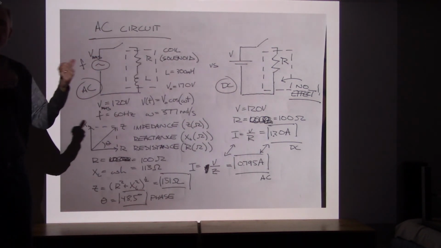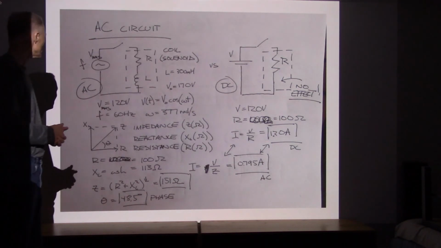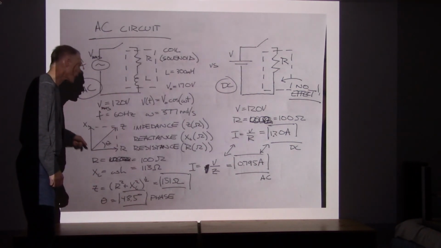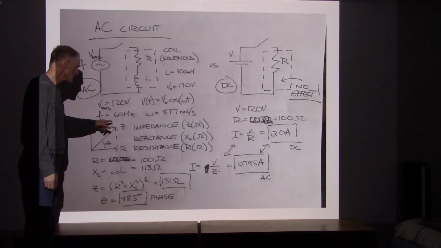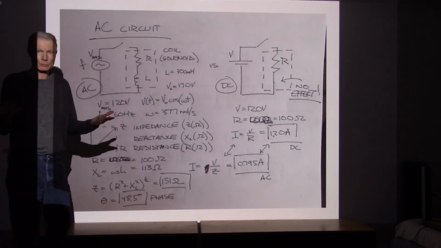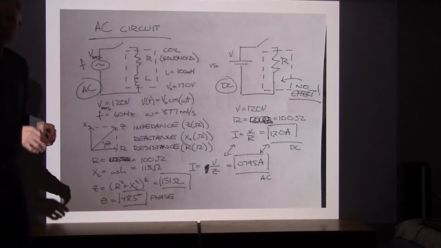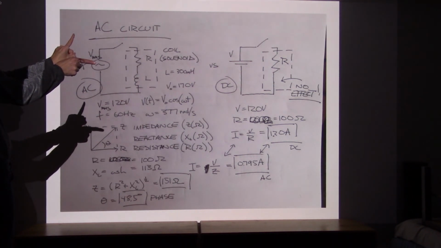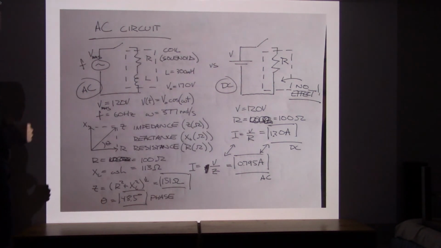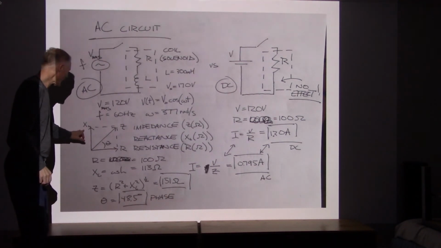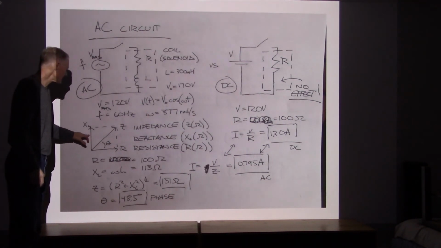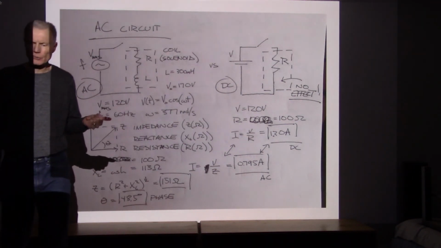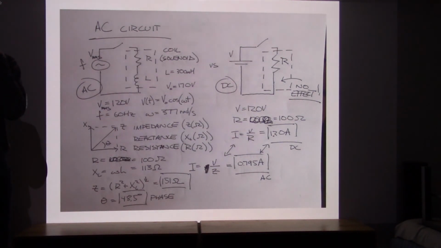And because the voltages are out of phase with each other, the resistances are not going to add together simply through addition. Because the voltages are out of phase by a half pi, by a fourth cycle, I also have to combine the resistive effects using what's called a phasor or an impedance diagram.